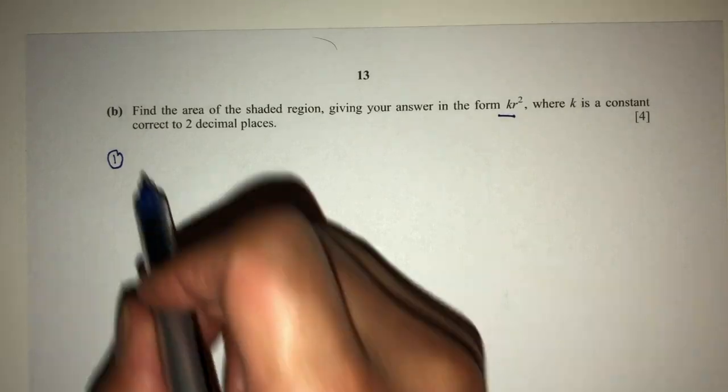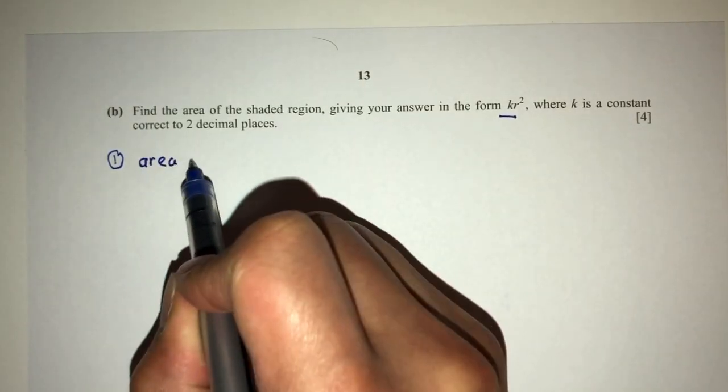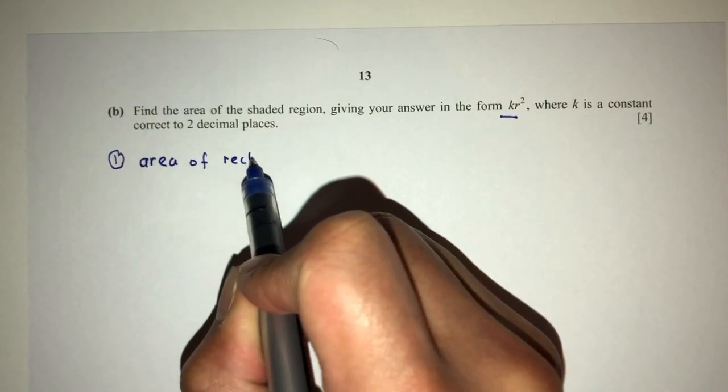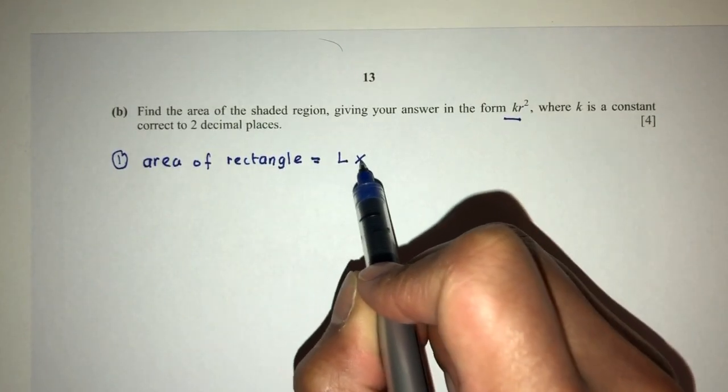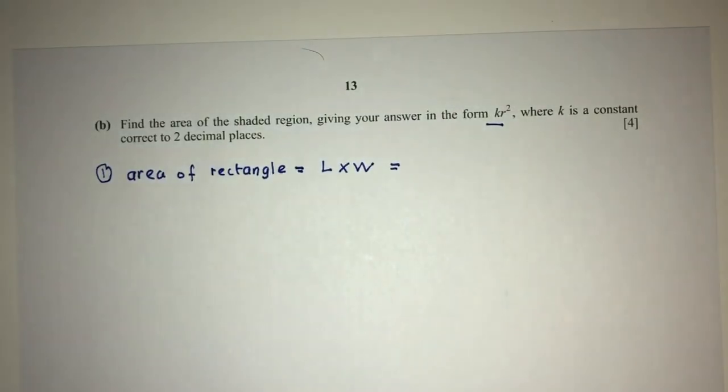Area 1 is the area of that rectangle. How do you find that? It is length times width, right? So let's do that.